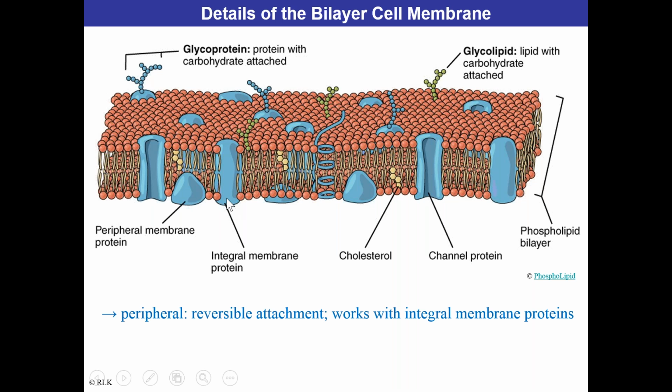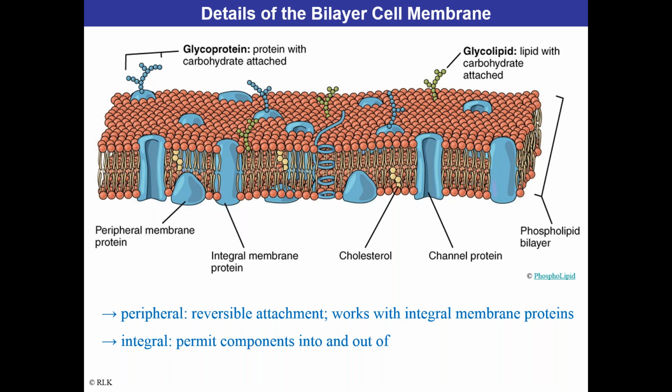What about some of these peripheral membrane proteins? What are they about? Well, we know that they don't penetrate all the way through the bilayer. So what is their role here? Well, they work with the integral membrane proteins, and they do provide reversible attachment. So that's pretty interesting for uptake or elimination of certain components from within the cell.